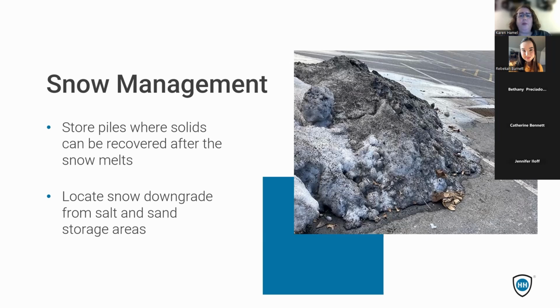So what can we do with all of the things that we manage from the snow to keep them from entering that drain? This could be extra ice melt, this could be sand, this could be that anti-skid. What are those things we're using to manage snow that we want to keep out of the drains?